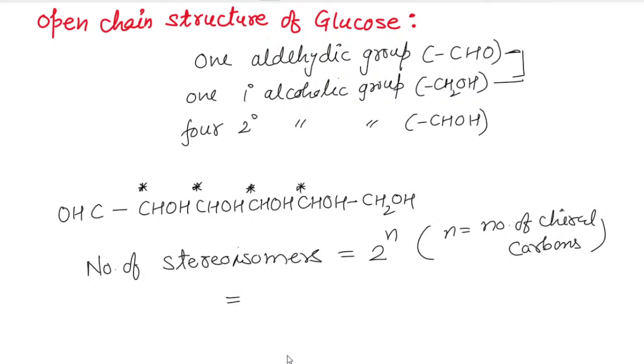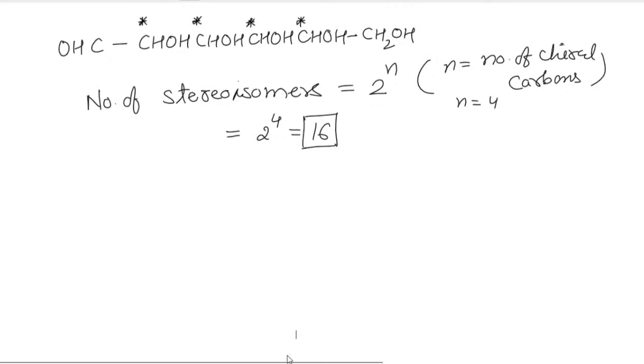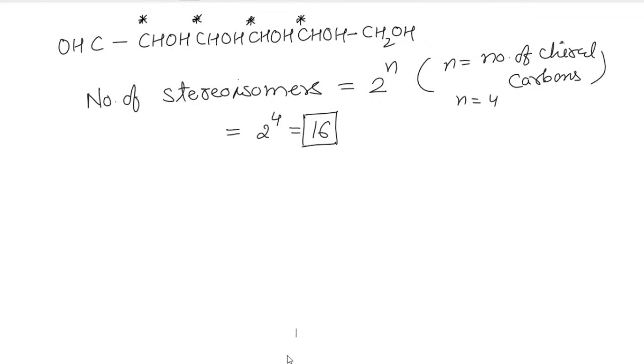So n is 4, that implies 2 raised to power 4. So in total, there are 16 stereoisomeric forms. Okay.